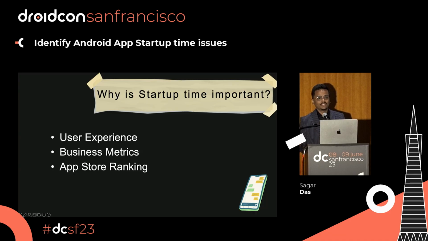So if your app takes forever to load, especially younger audiences are going to lose interest and jump onto another app, which in turn affects your business metrics, like user engagement and retention, things that are important for product managers, and eventually it's going to deteriorate your business growth. And ultimately, app store ranking. Studies show that users tend to provide lower star ratings or write a review in the Play Store when they are frustrated versus happy. That's perhaps human psychology.